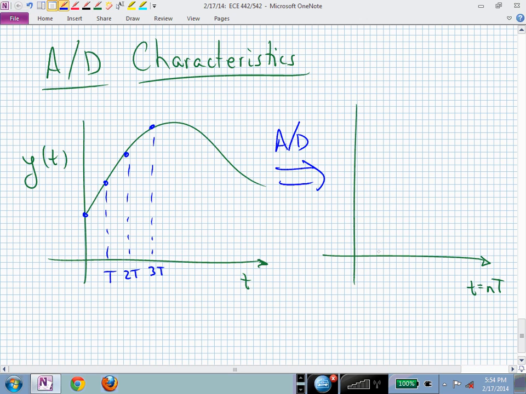We now have T, 2T, etc. And you can use your imagination that I'm trying to make those the same. And we want to know what's the dynamic relationship between the analog, the continuous time, what kind of dynamics exist in going from y of t to, let's say, y of nT over here.